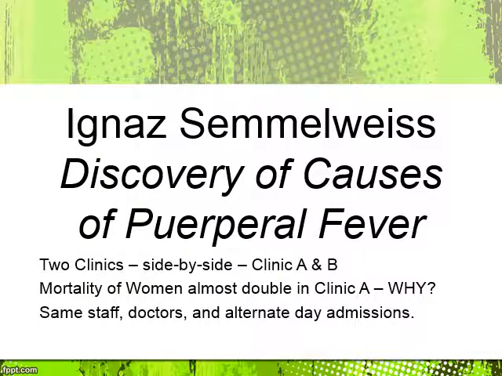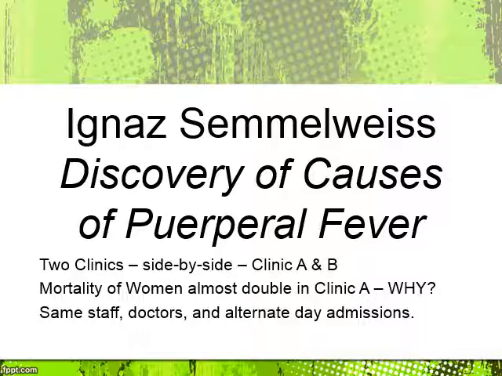For the next case, we look at the discovery of causes of puerperal fever, which was a leading cause of mortality among females who had given birth. This discovery in the middle of the 19th century was made by Ignaz Semmelweis, and it was occasioned by the presence of two clinics for pregnant women.